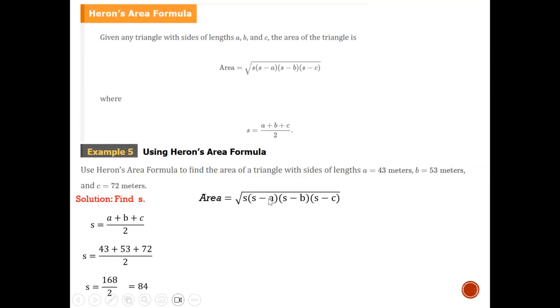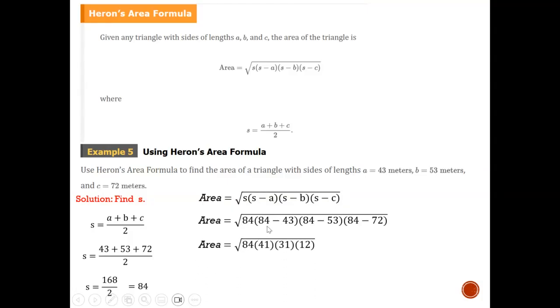Now I need to plug everything in. My S is 84, my A is 43, my B is 53, and my C is 72. So it will give us 84 times 41, because 84 minus 43 is 41, times 31, because 84 minus 53 is 31, times 12, because 84 minus 72 is 12.